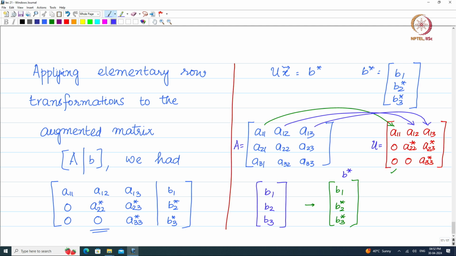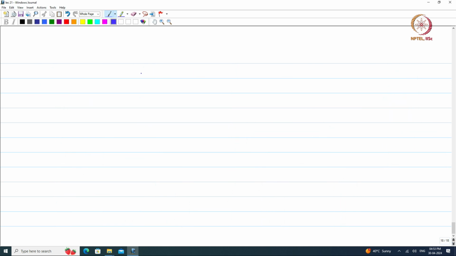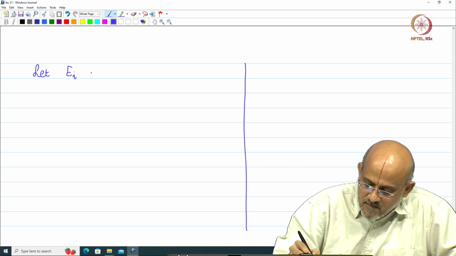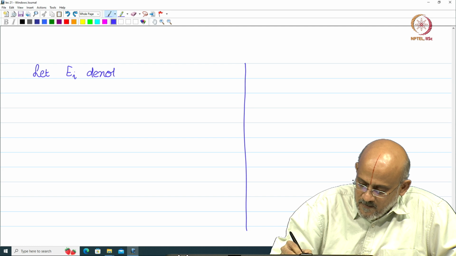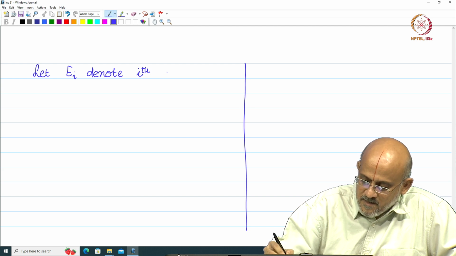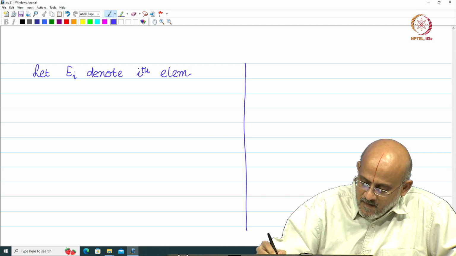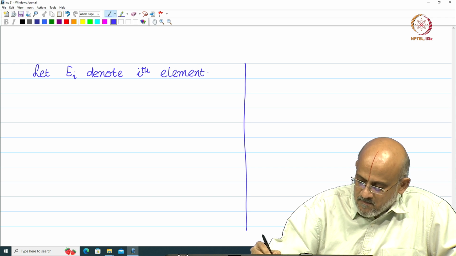Now, what does that mean? Say, for example, I have this matrix A to which I apply the first elementary row operation, which is E1. Let me write this: let Ei denote the ith elementary row transformation.